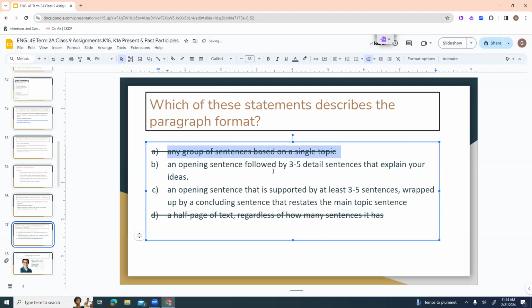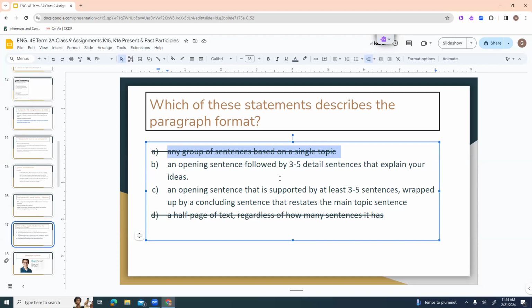There we go. Now we've got 2 that are very similar. An opening sentence followed by 3 to 5 detail sentences that explain your ideas. That sounds pretty close. Or an opening sentence that's supported by at least 3 to 5 sentences, wrapped up by a concluding sentence that restates the main topic sentence. Well, if I think about the hamburger picture, remember we talked about the hamburger format.